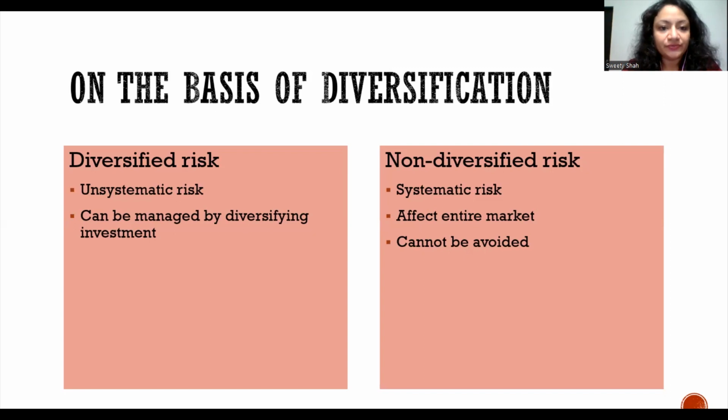Say, for example, the interest rate, recession in the economy, taxation policy, war, all represent the sources of systematic risk because they affect the entire market and cannot be avoided through diversification. This systematic risk can be mitigated only by means of hedging. So the systematic risk underlies all the other investment risks.